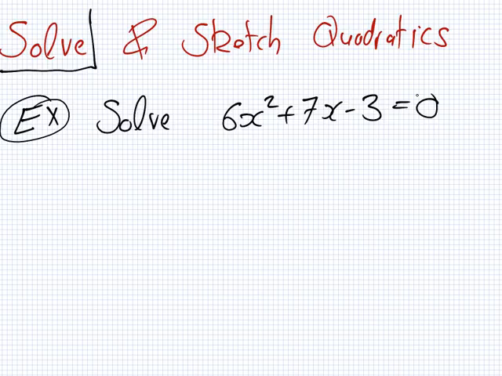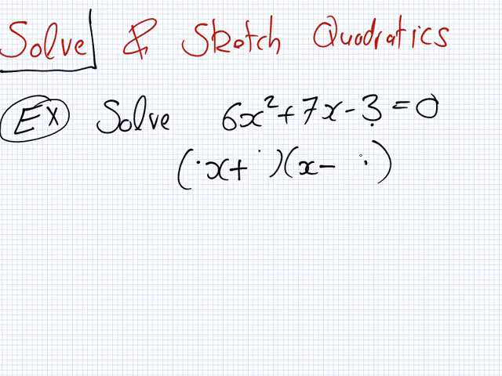And one way we can solve this is by factorizing. Now let's see if you can spot the factors here. So we have an x, a plus and a minus. We could have 6 and 1 or 3 and 2. Let's slow down there. It multiplies 6 by minus 3 to give minus 18.